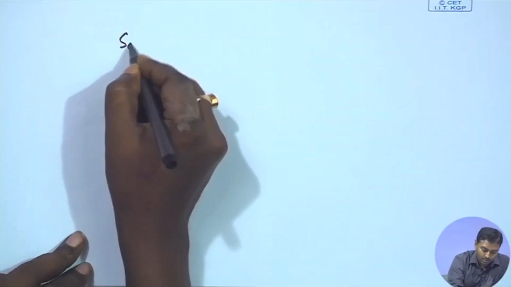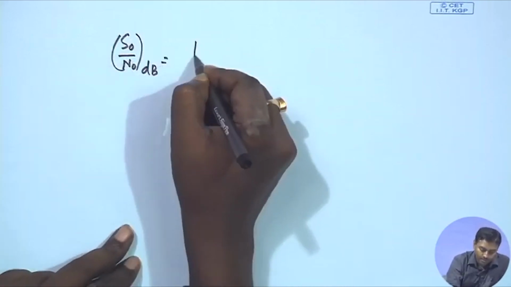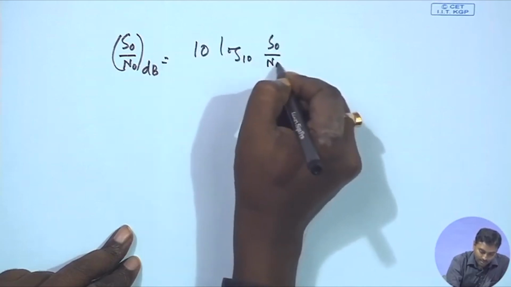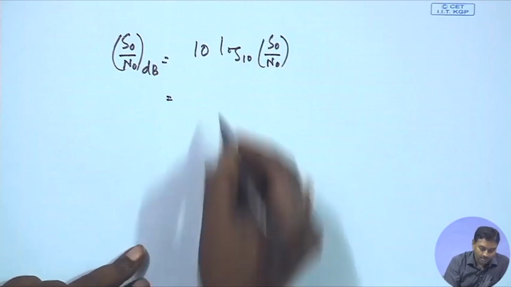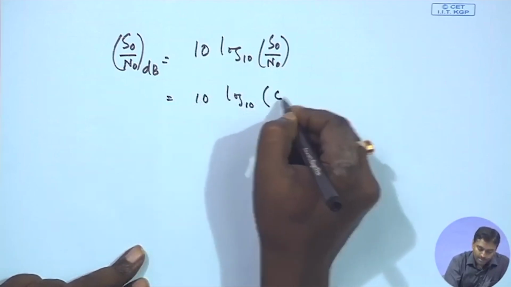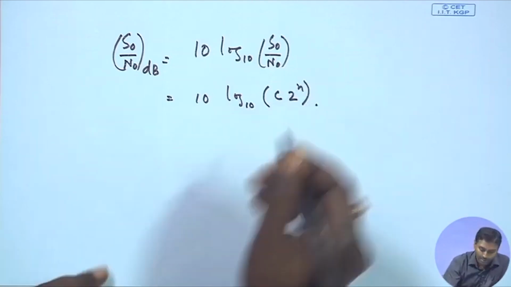Now, if I represent that signal to noise ratio in dB, I will have to take 10 log of the signal to noise ratio. So, we can write 10 log 10 C into 2 to the power 2n, sorry.